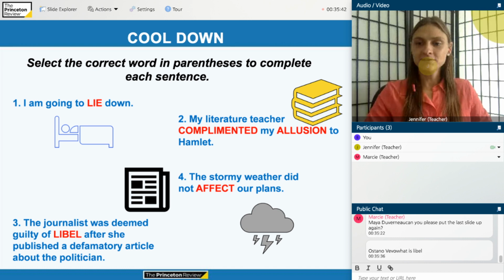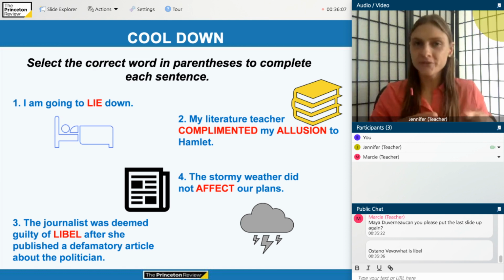Libel is defamation, or something that is written to hurt somebody's reputation. A lot of times you'll see it in politics or when there's some kind of a conflict between people. If somebody wants to hurt somebody else and they write something, it would be considered libel.